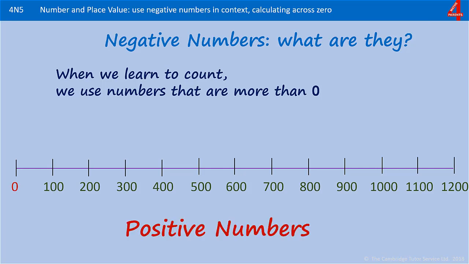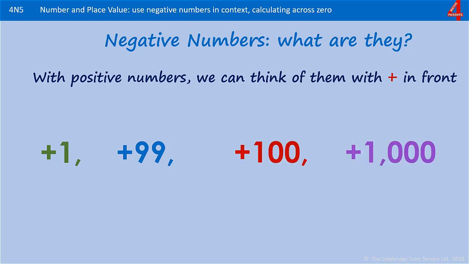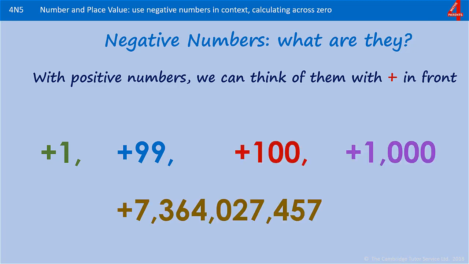These numbers that we think of as ordinary numbers are known as positive numbers. With a positive number, you can imagine it with a plus sign in front of it. And actually, as you start doing harder maths, this is a useful thing to remember.